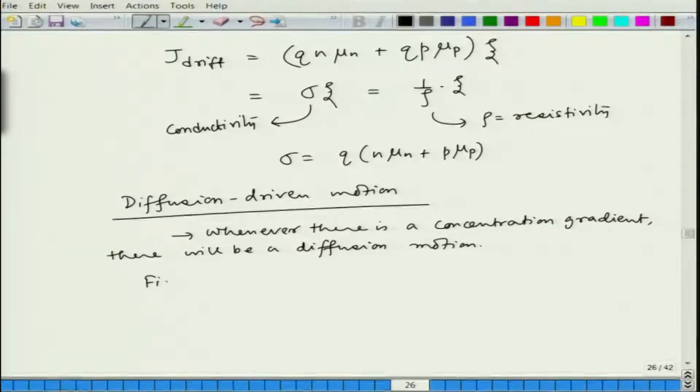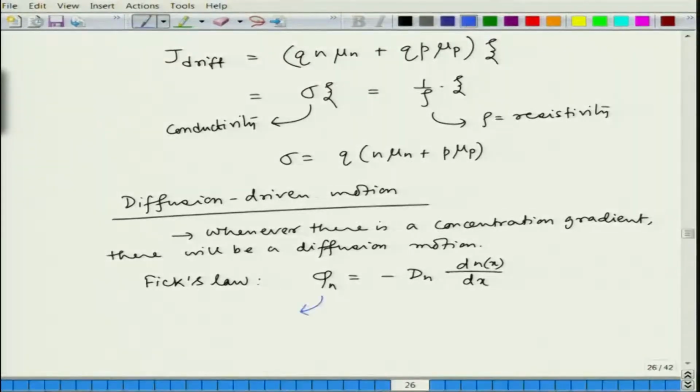So, that diffusion phenomenon is driven by Fick's law, okay, and the flux of electrons is obtained with the diffusion coefficient for the electron multiplied by the gradient in concentration, okay. So, this is what?